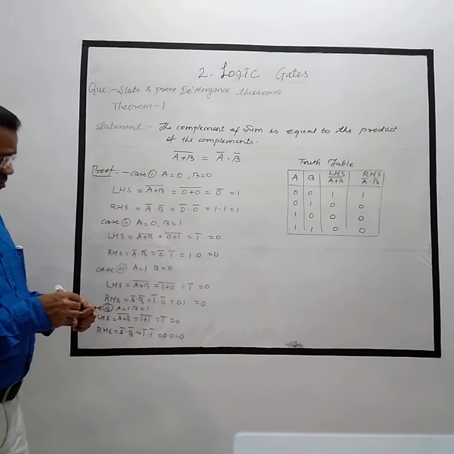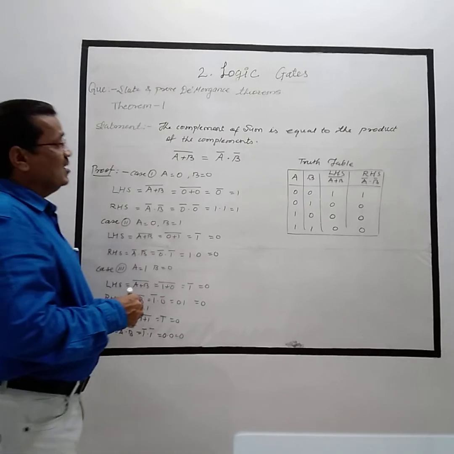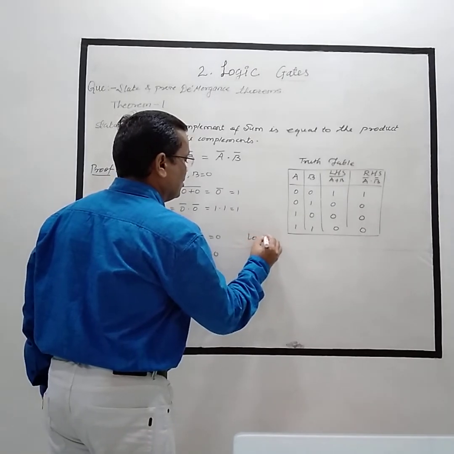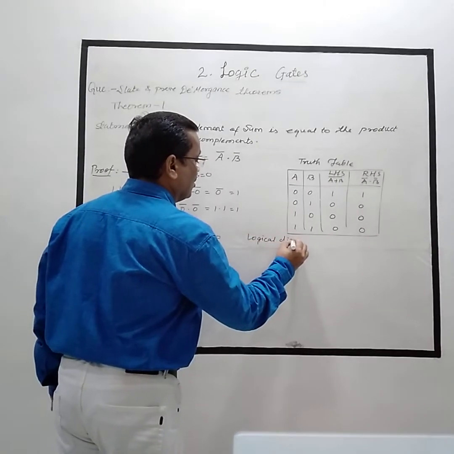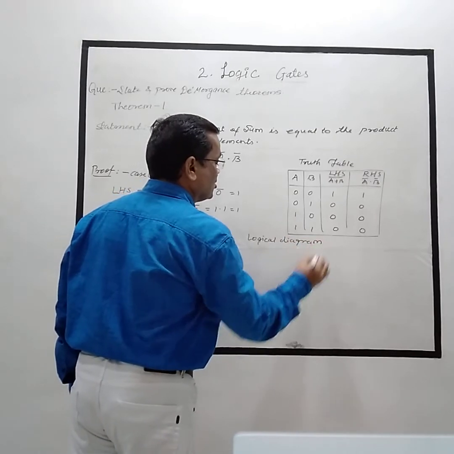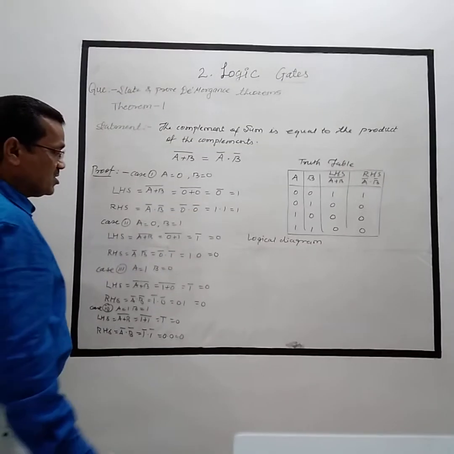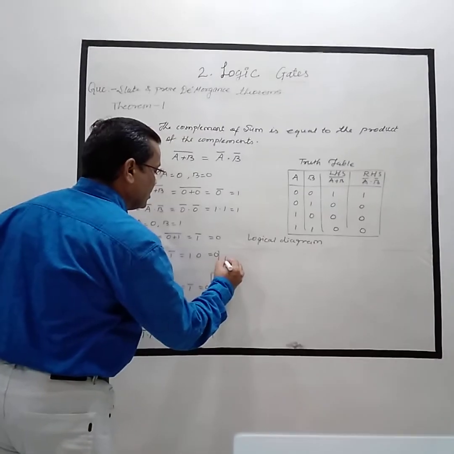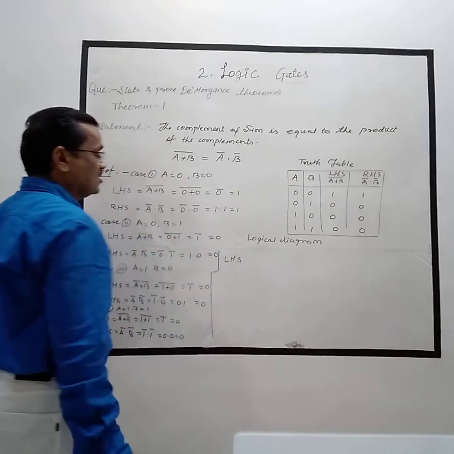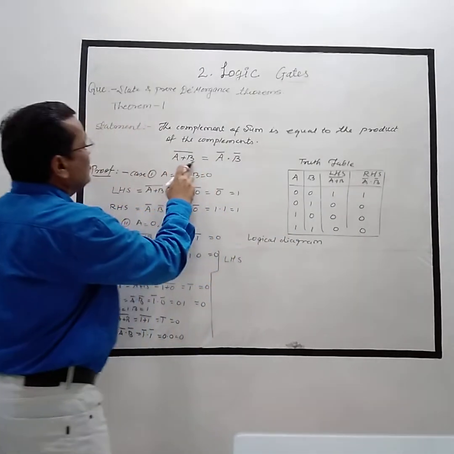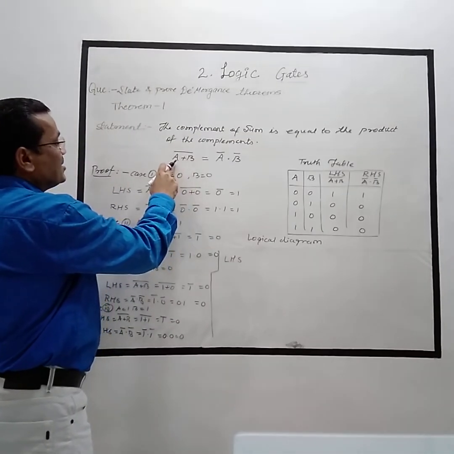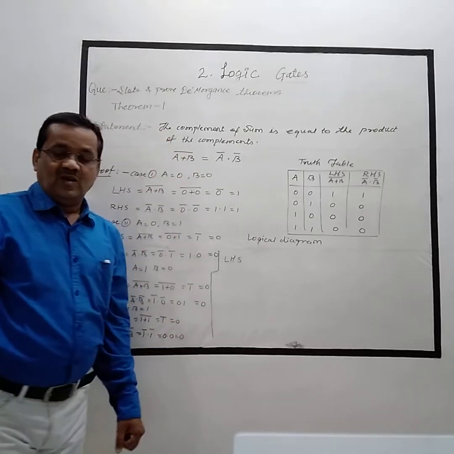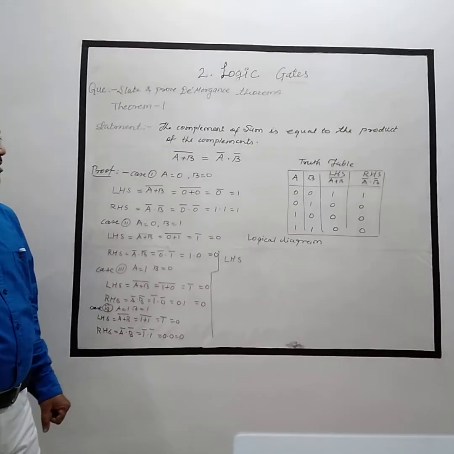Now, what are the logical diagrams? Logical diagrams of De Morgan's first theorem. First of all, we draw the logical diagram for LHS. According to this equation, LHS has an OR plus NOT gate.